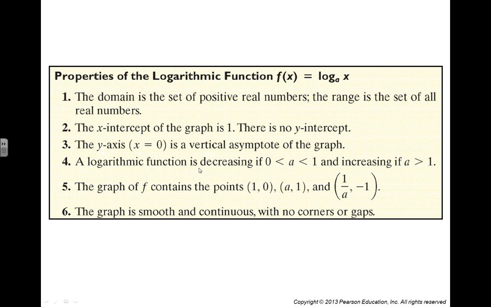A logarithmic function is decreasing if a is between 0 and 1, and increasing if a is greater than 1. The graph contains the points (1, 0), (a, 1), and (1 over a, -1). The graph is smooth and continuous with no corners or gaps.